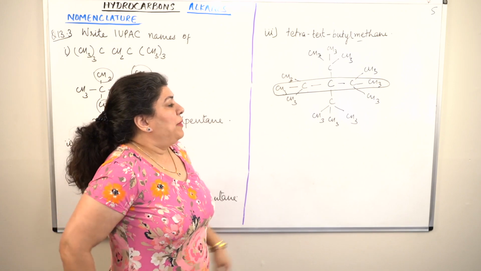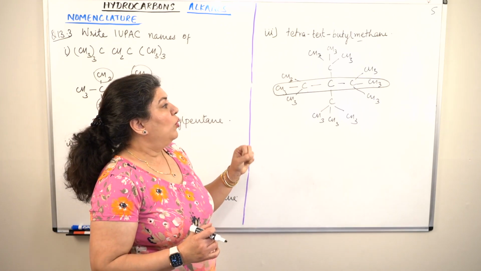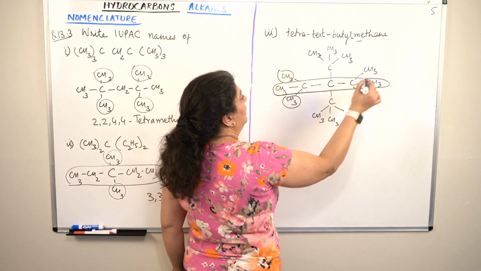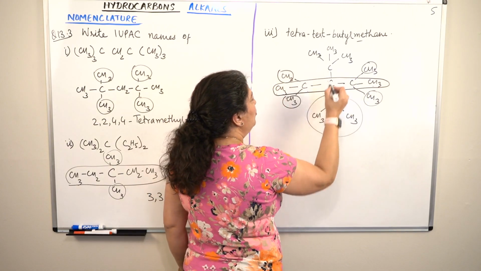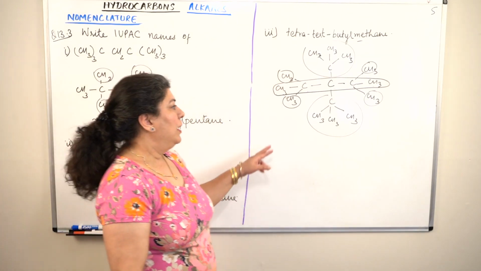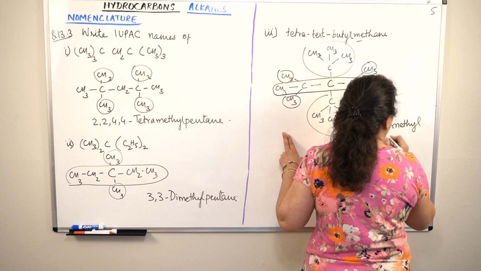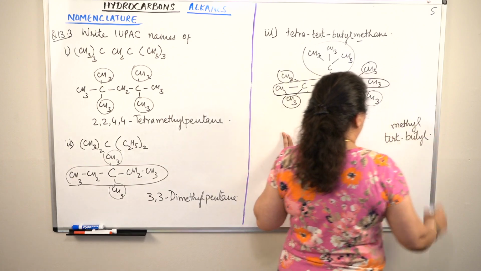So if this is my parent hydrocarbon, what are the branches that I have? I have methyl here, methyl here, methyl here, and methyl here. 4 methyl branches and 2 tertiary butyl branches. So I have methyl and tertiary butyl branches.